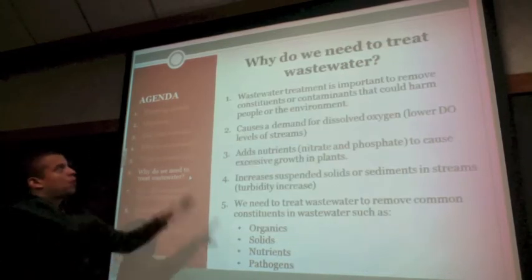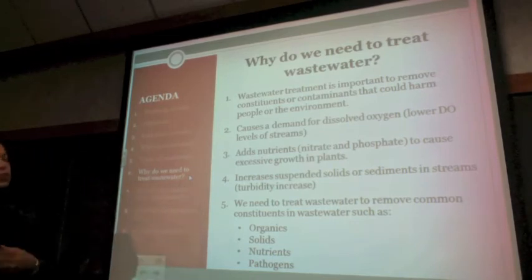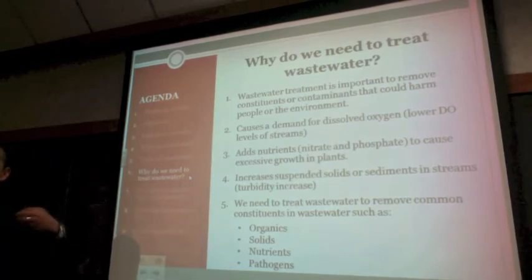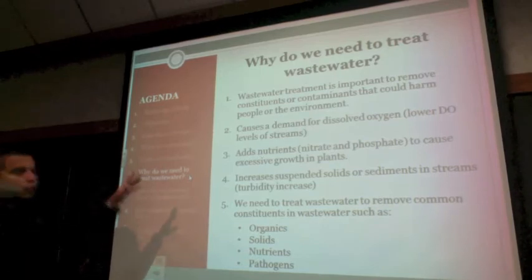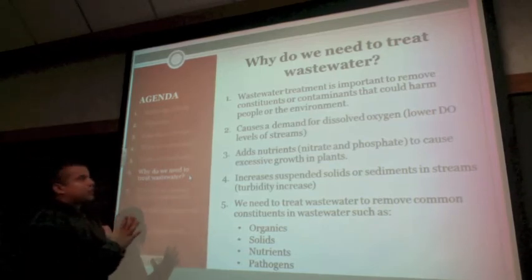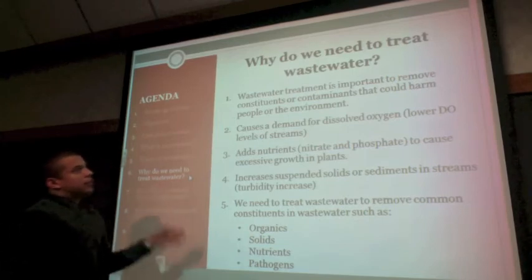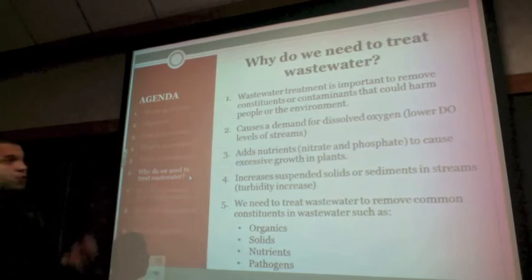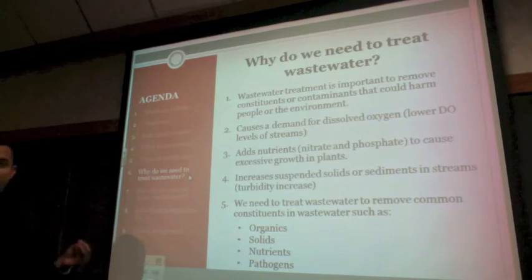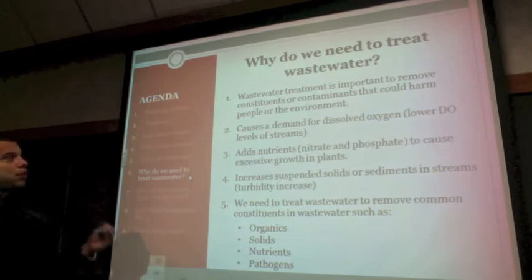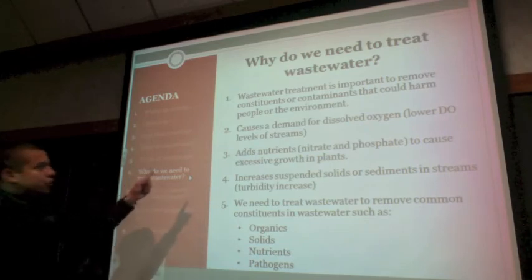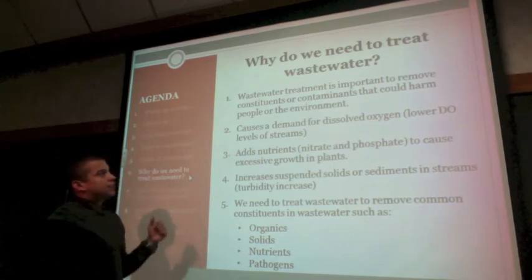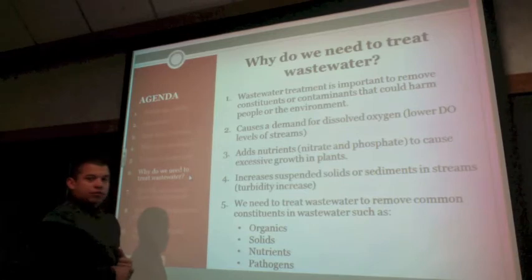Well, why do we need to treat wastewater? What is the importance of treating wastewater? Well, we have very important issues here. Number one, it is important to remove constituents or contaminants that could harm people or the environment itself. Number two, it causes a demand for dissolved oxygen.